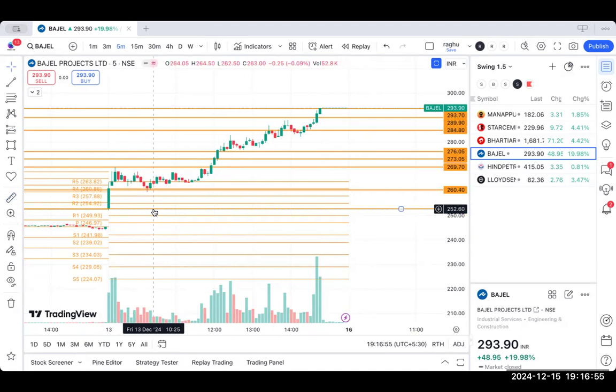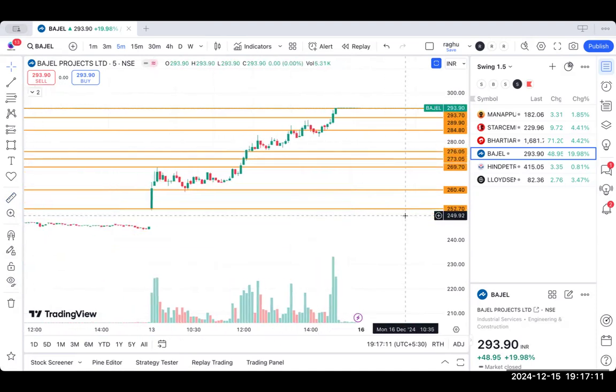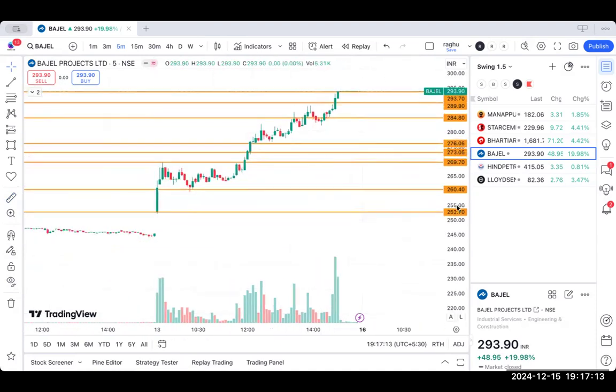That is why I purposefully showed this. First, you need to mark your levels at any given time. If you don't mark your levels, you have nothing. Now I'll remove the pivot and I have my data, my targets where I can easily take the trade, because my SL is here, 260. My entry is 269.